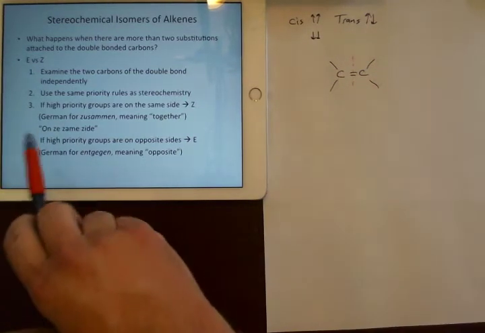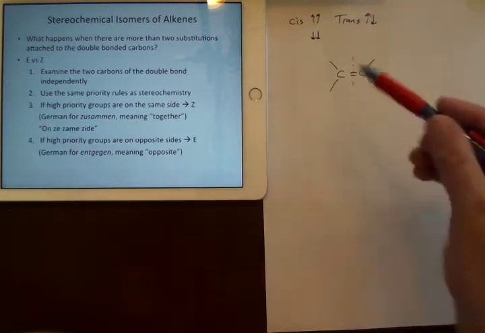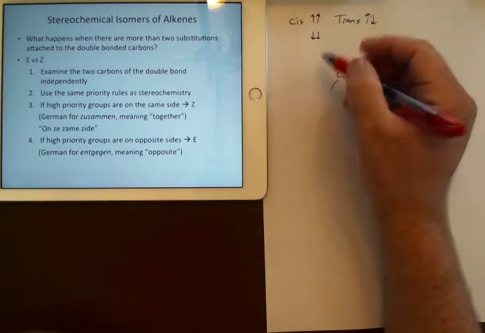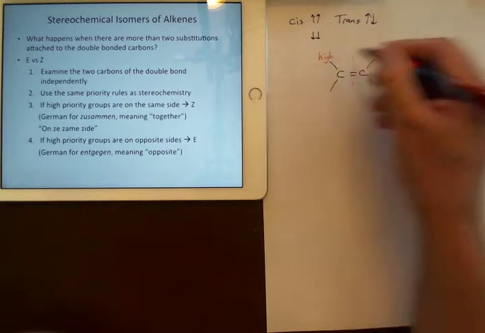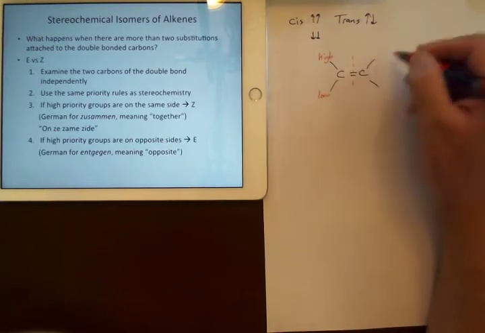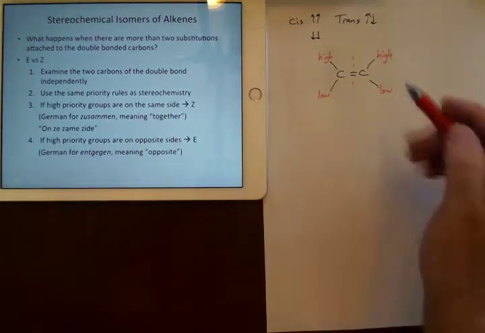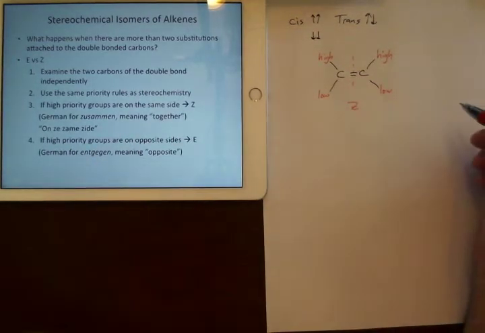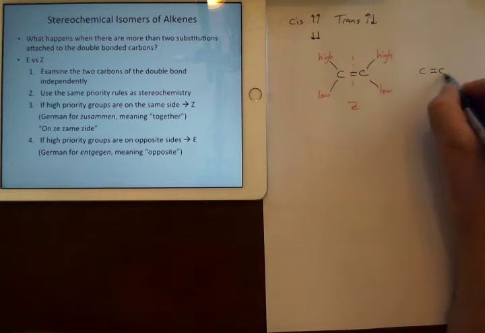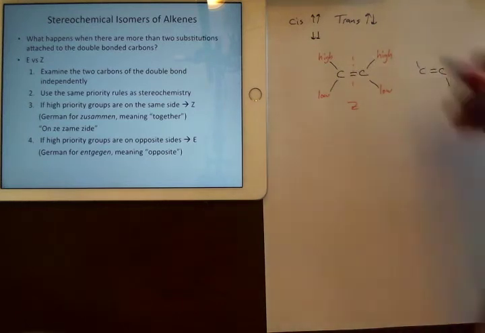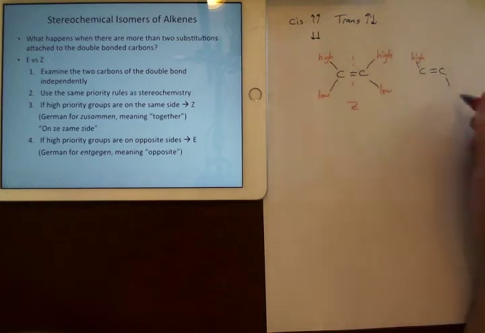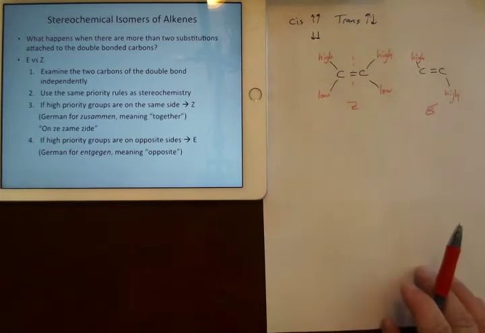Okay. Now, if the high priority groups are on the same side, so this is high-low and this is high-low, it's given a Z designation. If you end up with your highs on opposite sides, so the high up here and the high down here, this is E. Now the letters come from German.